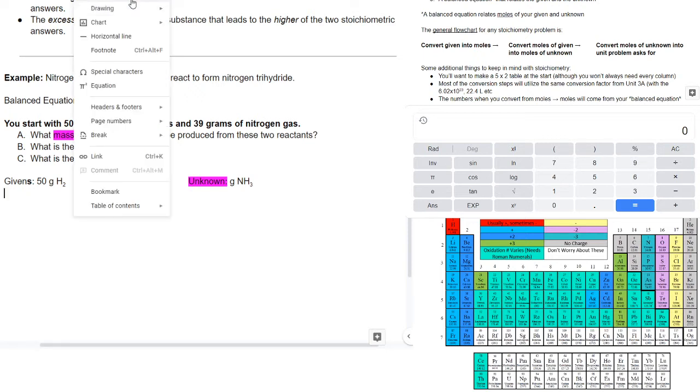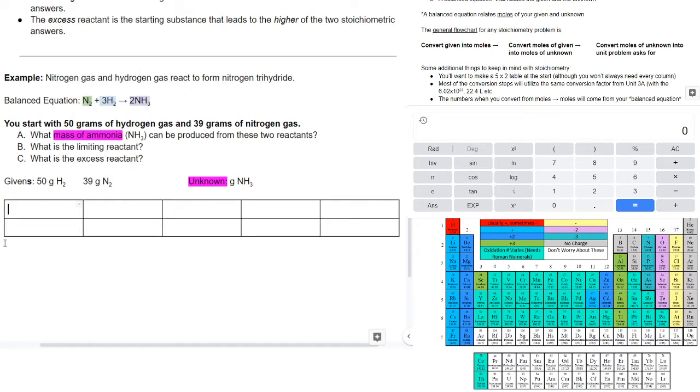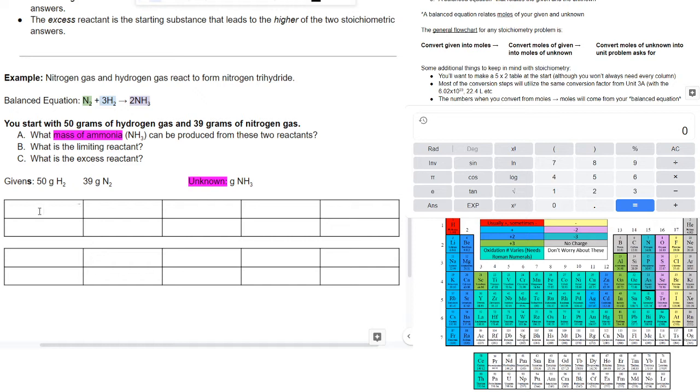And so we're going to insert two 5x2 tables. I'll just copy and paste this first one, and we'll use one for each of our givens.